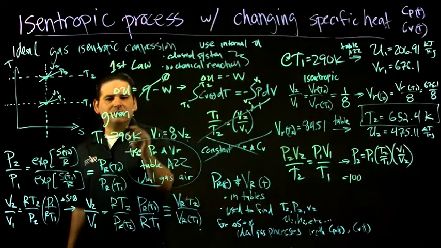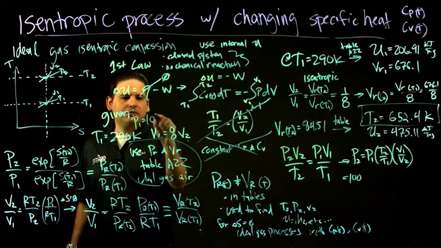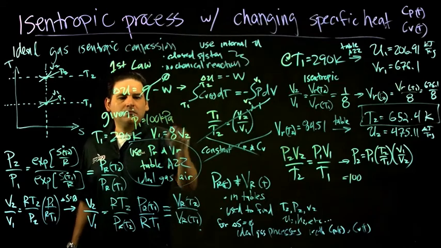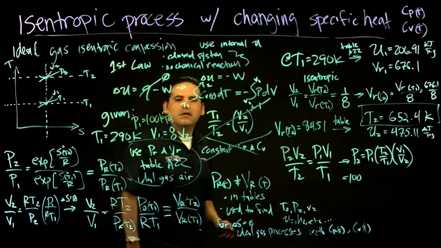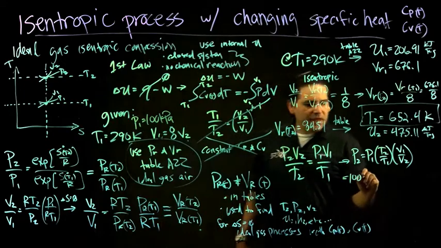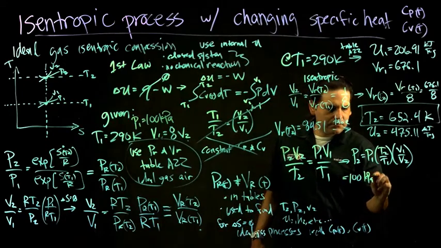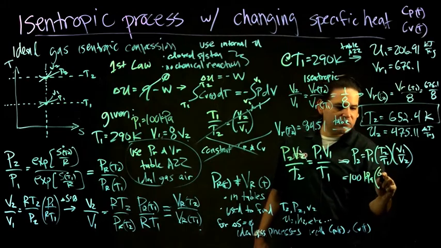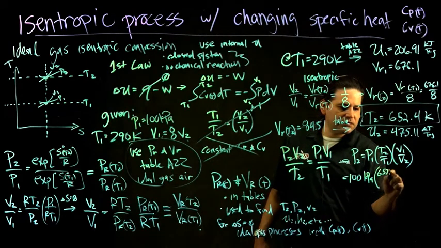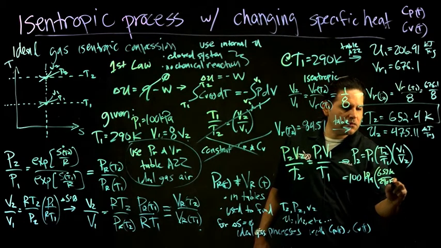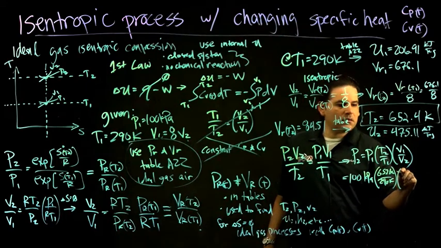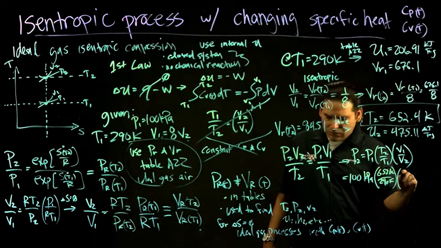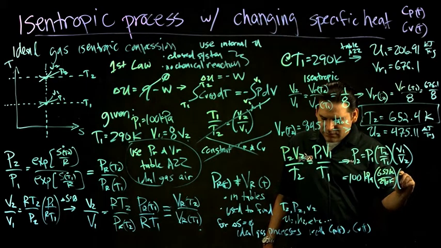P1 equals, so given that, we knew that, and now we know this ratio of temperatures, this is 1 over 8 or 8.